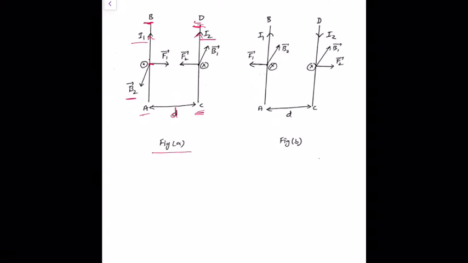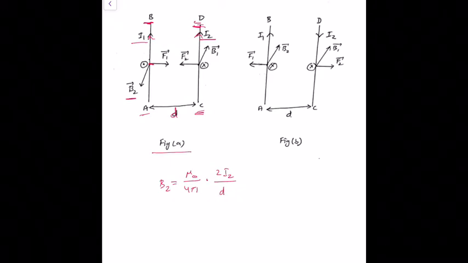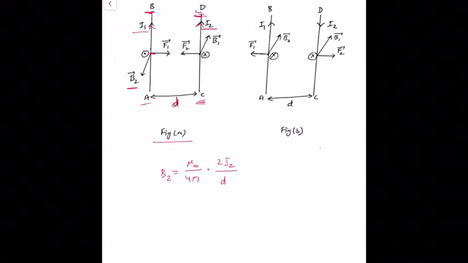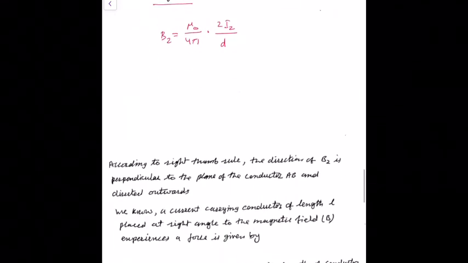B2 is equal to mu naught upon 4 pi into 2I2 upon D. According to the right hand thumb rule, the direction of B2 is perpendicular to the plane of the conductor AB and directed outward, represented with a dot. Clear?